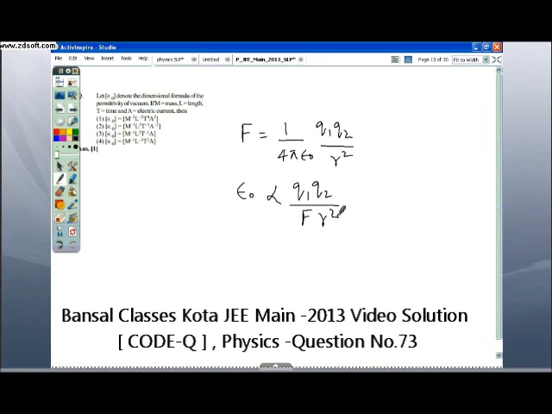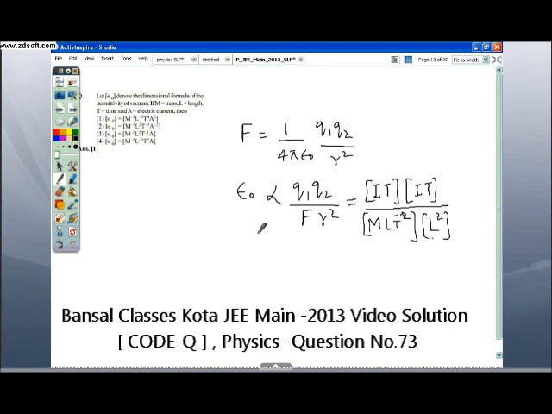If we see the dimensions, then dimension of Q is IT, again Q is IT, dimension of F is MLT minus 2, and r square is L2.